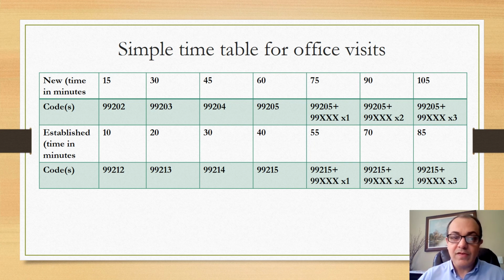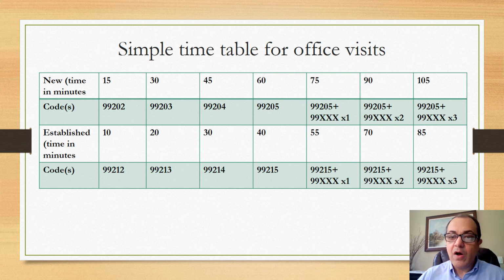Established patient visits. The time in minutes starts with 10 minutes for 99212, and each 10 minutes above that can qualify you for a code higher until you get to 40 minutes for 99215.